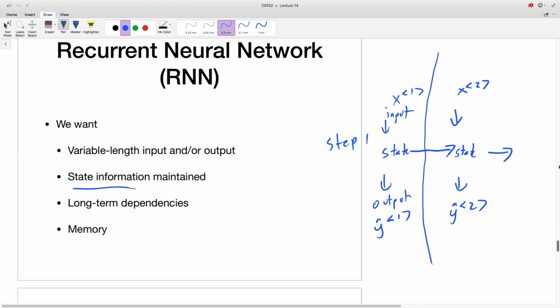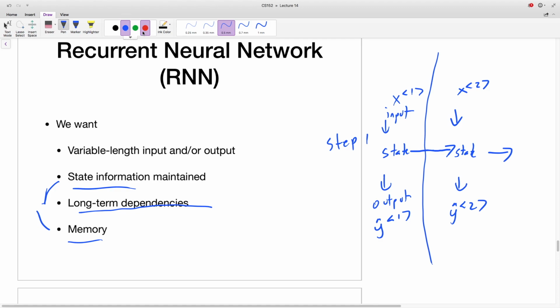And that's the idea of a recurrent neural net. The state information in the memory is really saying sort of the same thing. Long-term dependencies is sort of the same thing as well. It's memory or it's state information. But we just have to keep in mind that sometimes we need information from fairly far in the past.